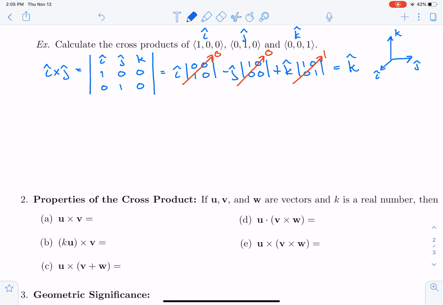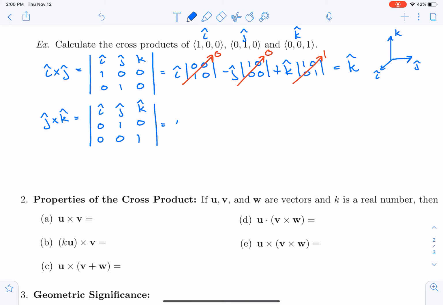Well, now what about j cross k? What does that give me? So that's in the yz plane. What should the resulting vector be? We can, again, look at this determinant. j is, of course, 0, 1, 0, and then k is 0, 0, 1.